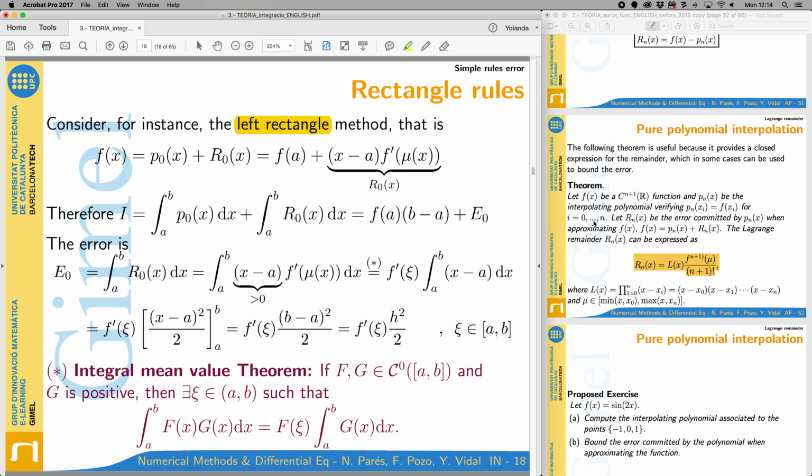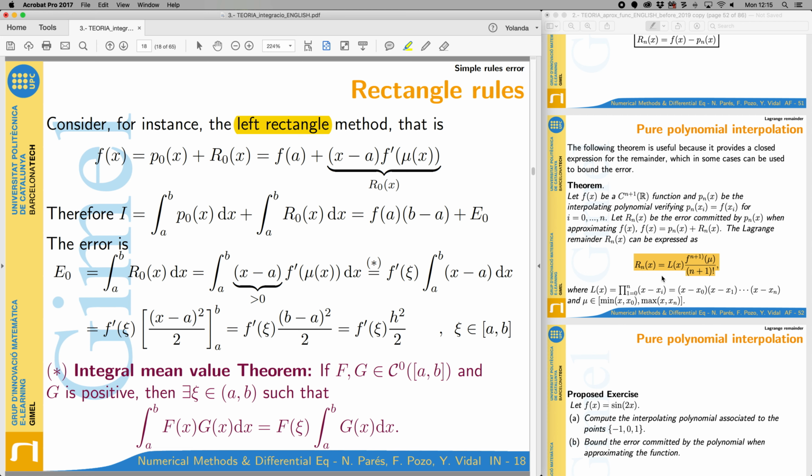Remember that n plus 1 is the number of data points, and n is the degree of the polynomial. Here my polynomial has degree 0, a constant value function equal to f of a. So here I have the R0 error, n equals 0. I have only one data point, which is a, and f of a associated to that point.